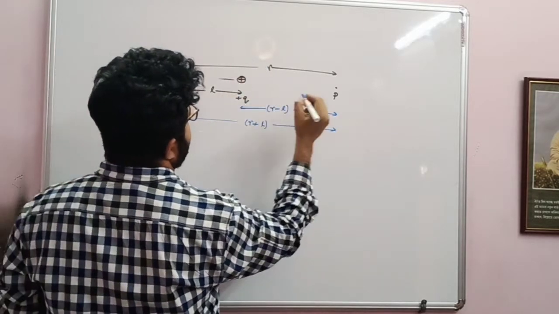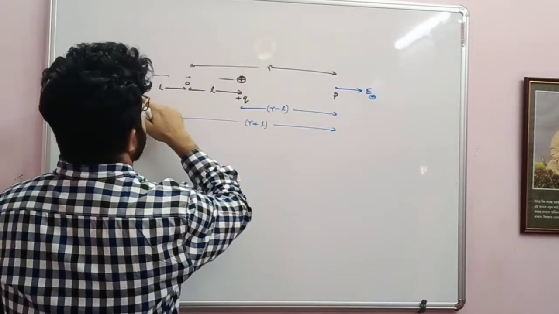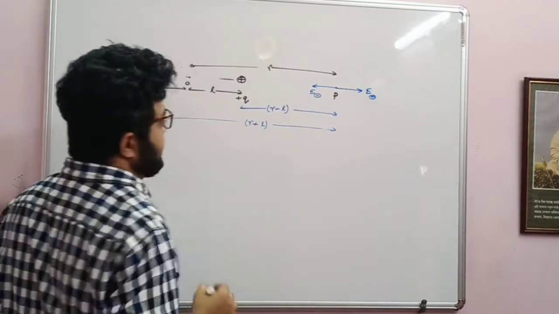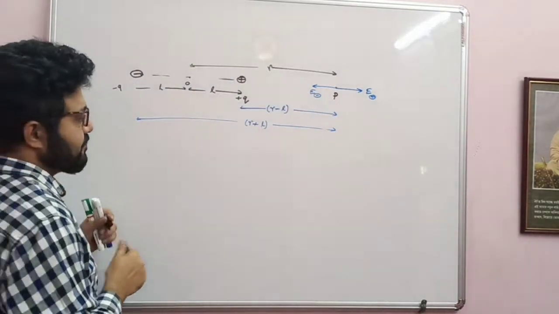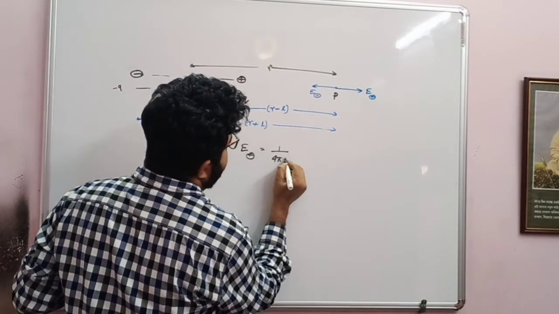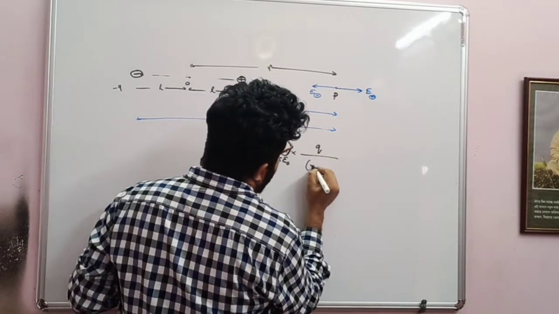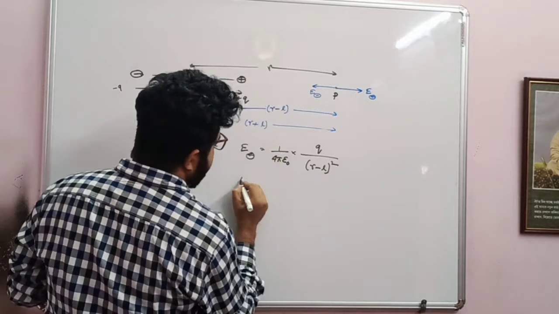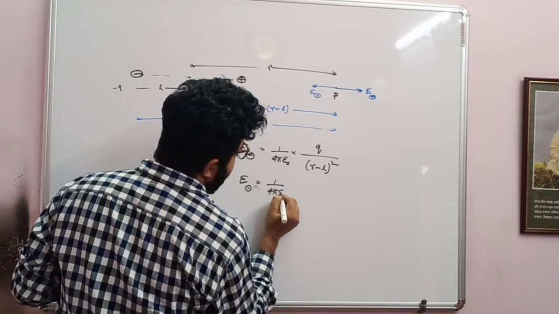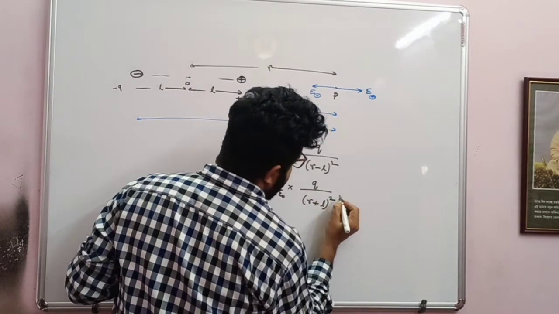Now for this plus charge, the electric field is away, and for this minus charge, the electric field is towards. The value for the plus charge is E plus equals 1 by 4 pi epsilon naught, q by r minus L whole square, and for the minus charge, E minus is 1 by 4 pi epsilon naught, q by r plus L whole square.